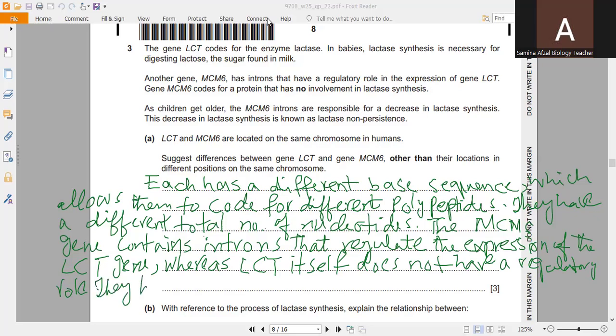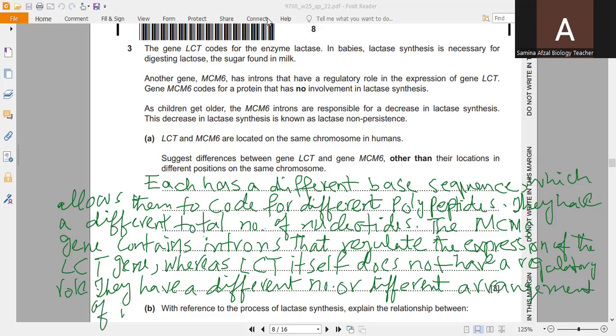They have a different number or different arrangements of introns and exons.